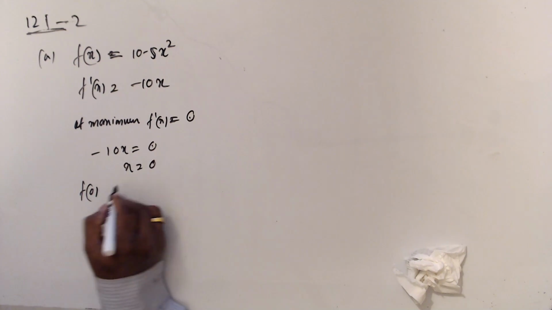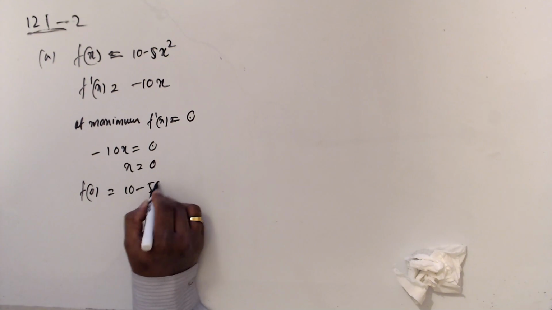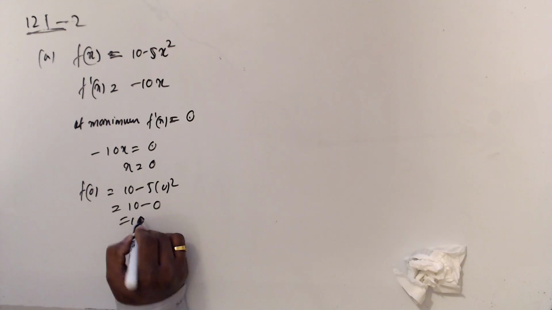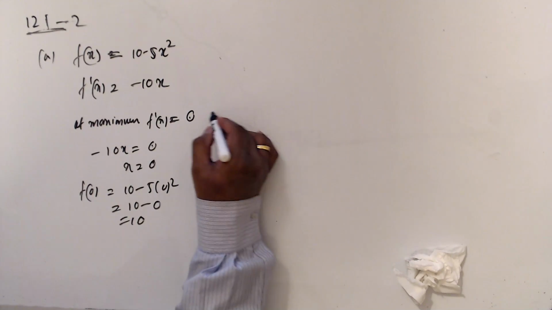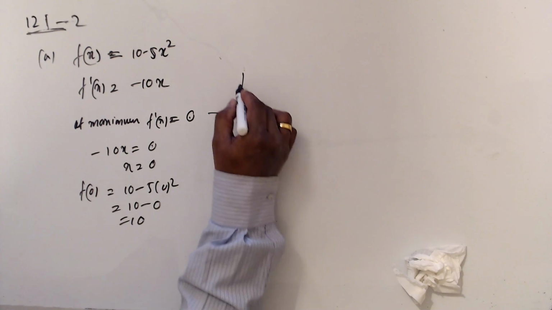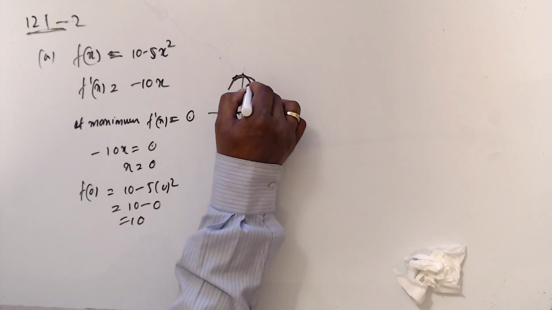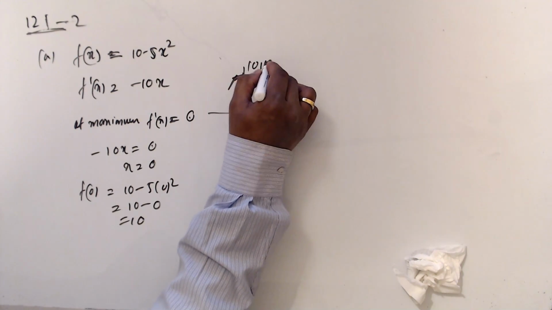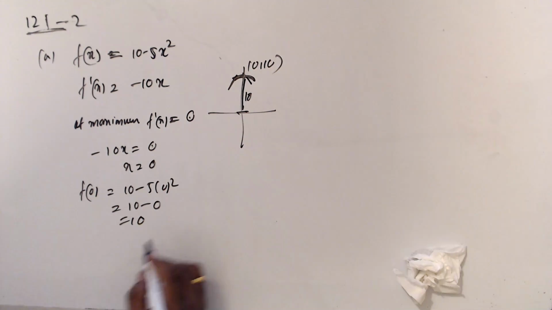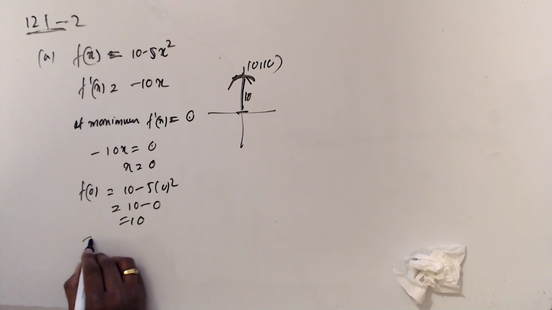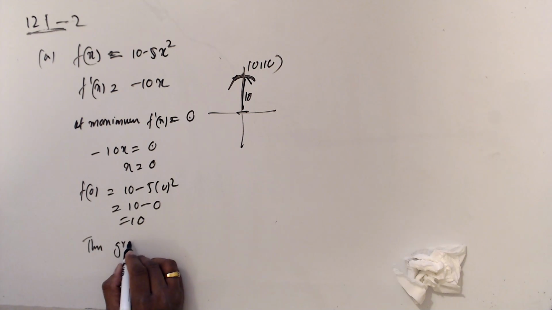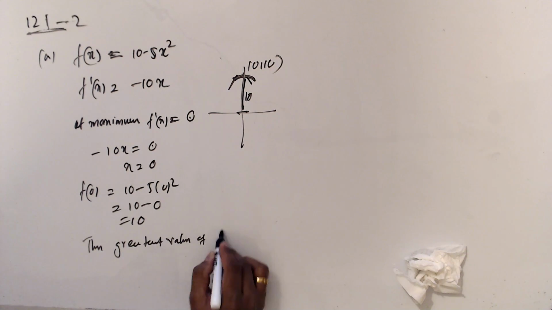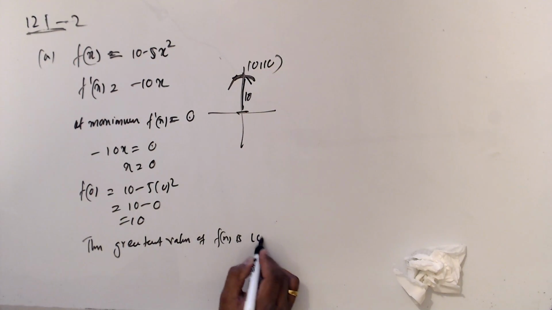So f(0) is 10 minus 0 squared, which is 10 minus 0, 10. Then the maximum is here. So maximum value is 10. So this is (0, 10). The greatest value of f(x) is 10.